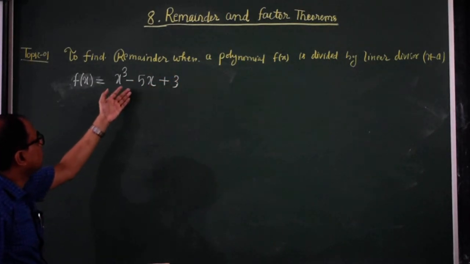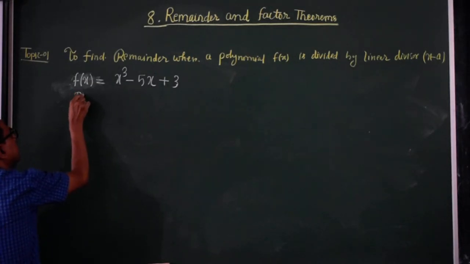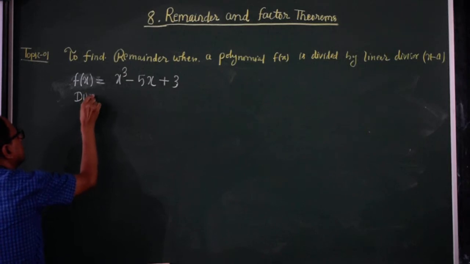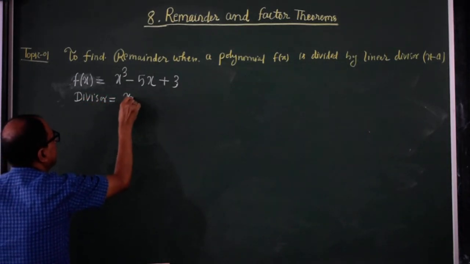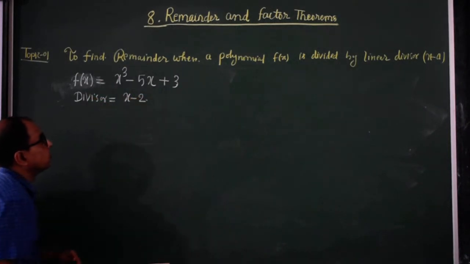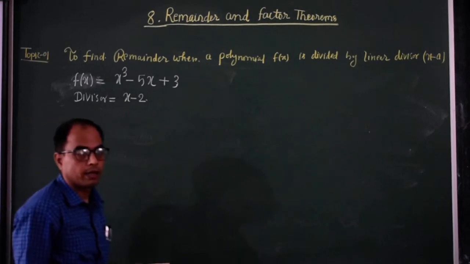Now suppose this polynomial is divided by the divisor x minus 2. So what will be the remainder?